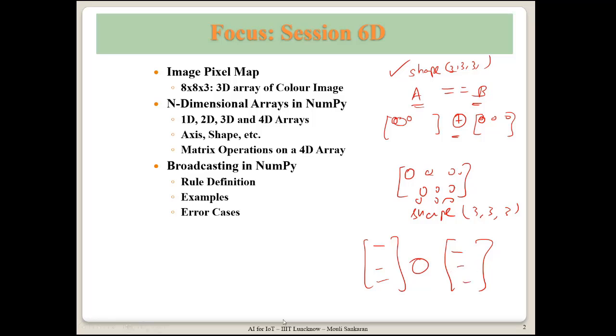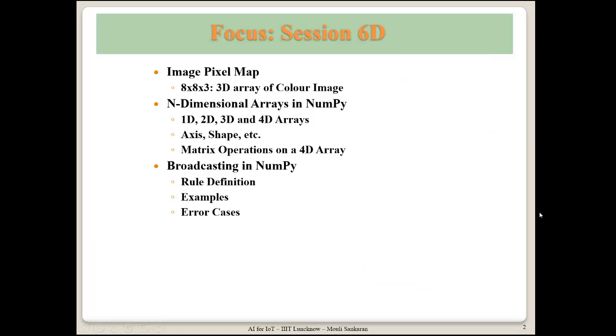Now what if I don't get the exact shape? Suppose I take an example of a 3 by 3 matrix, and then I want to multiply it by a scalar value, which is a single number.